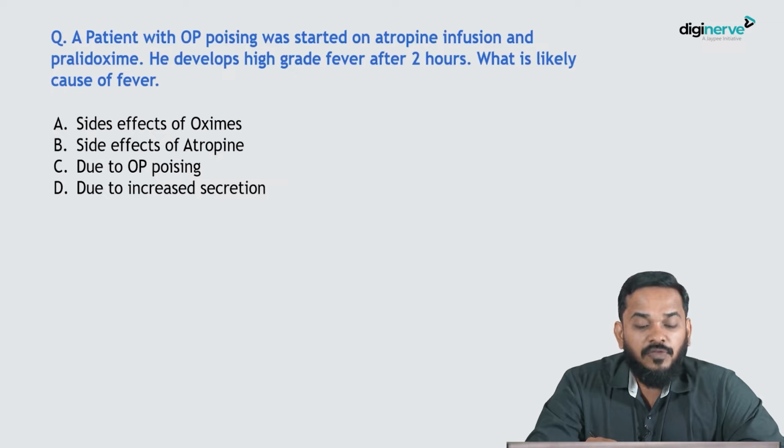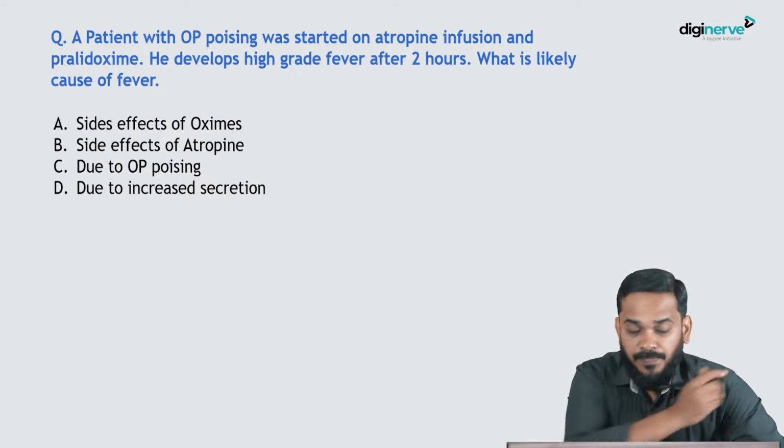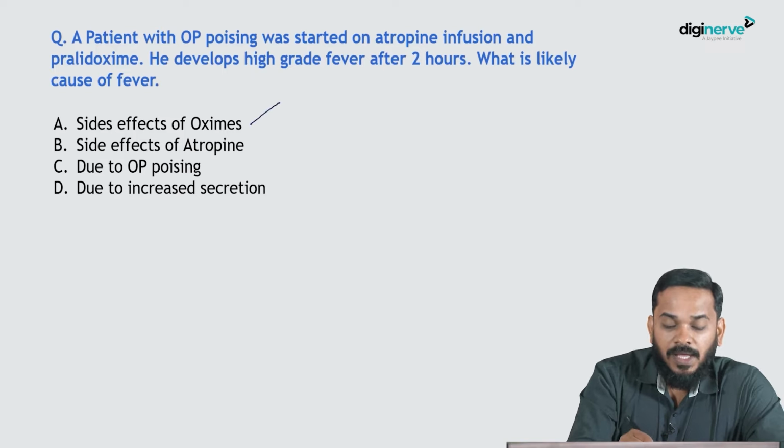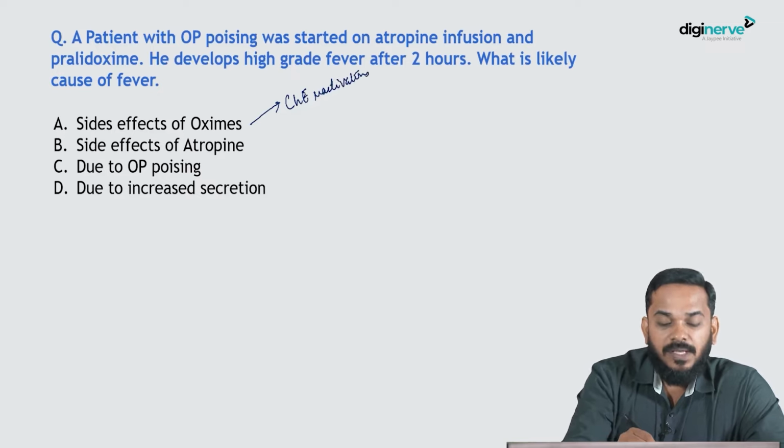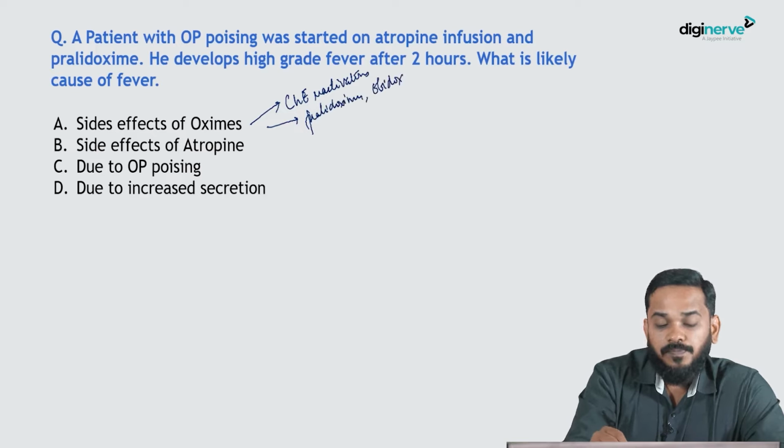A patient with organophosphate poisoning was started on atropine infusion and pralidoxime. He develops high-grade fever after 2 hours. What is the likely cause of fever? A. Side effect of oximes. Oximes are cholinesterase reactivators. Three oximes are available: pralidoxime, obidoxime, and diacetyl monoxime.